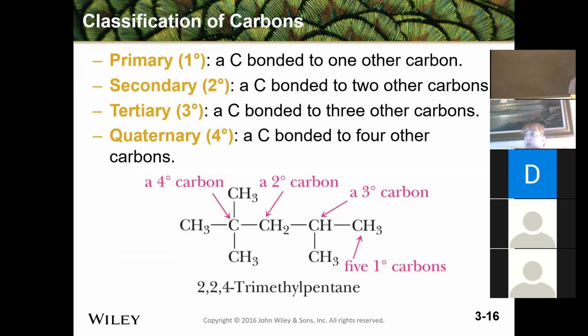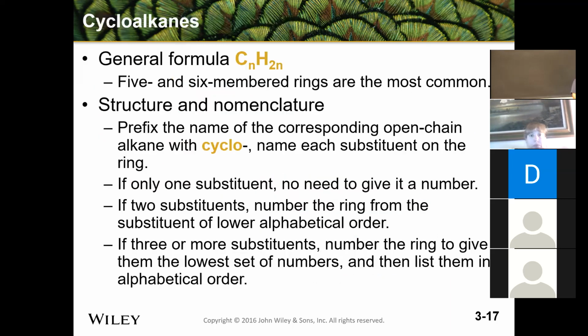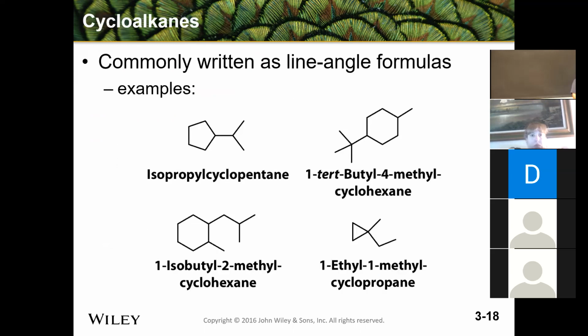Again, make sure you're aware of that. That will become important later with other functional groups. Okay, cyclic alkanes. For a monosubstituted cycloalkane, we don't need a position number, and the parent will have the prefix cyclo.